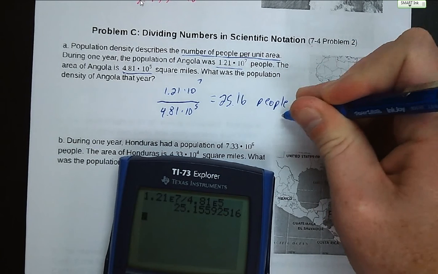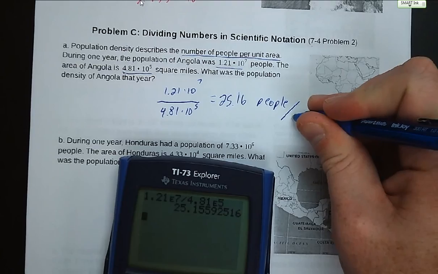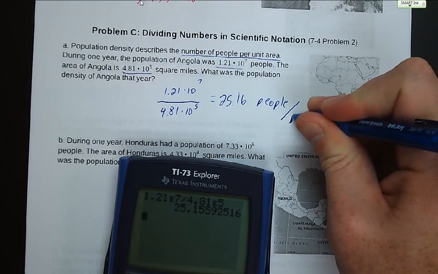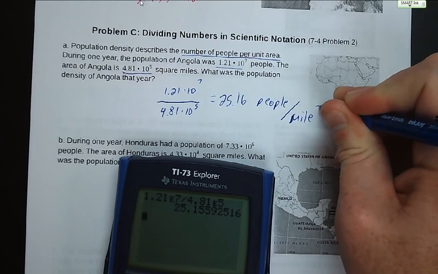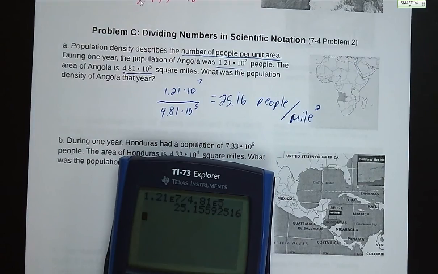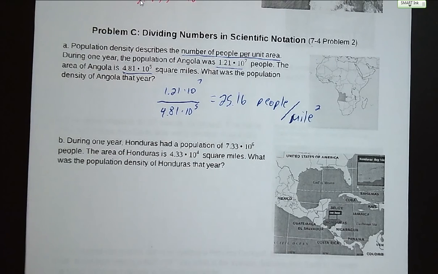So that's 25.16 people per square mile. Okay, so we're going to just write decimals on these because that makes sense.